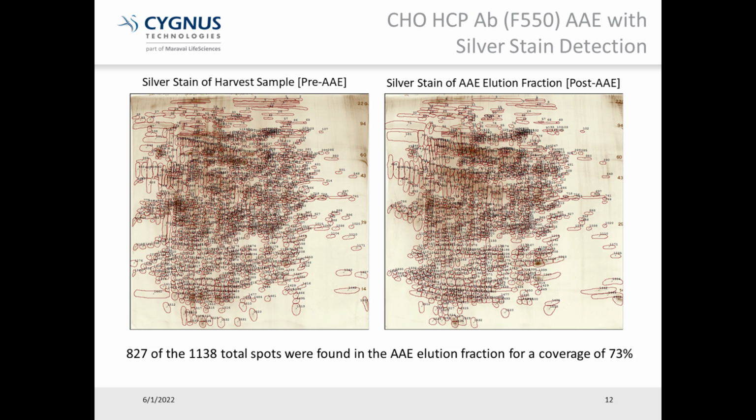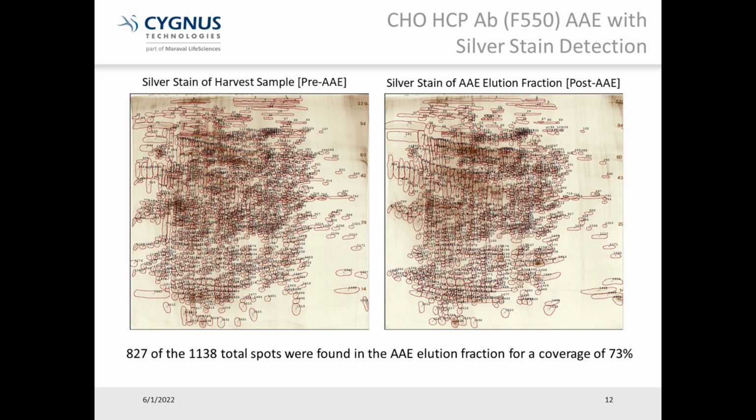So once we're completed with the dilution linearity, the next step is the coverage analysis. Here is the large format 2D silver stain detection of an antibody affinity extraction using the original F550 antibodies. Again, we don't want to spend too much time here, but I just want to reiterate that the point of doing coverage is to demonstrate that the antibodies are broadly reactive to the host cell proteins that are in your process.